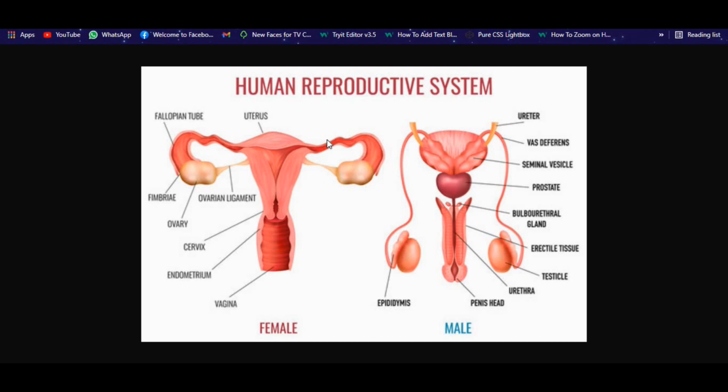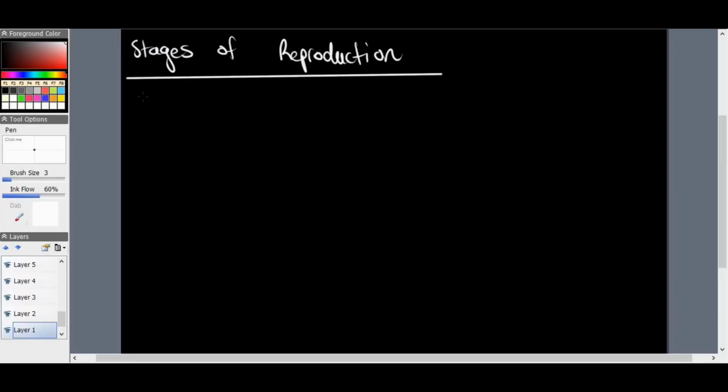So we have the first stage, which is ovulation. Ovulation is a process. The first thing is when an egg is released from the ovaries.